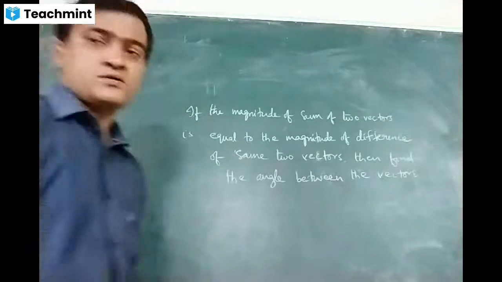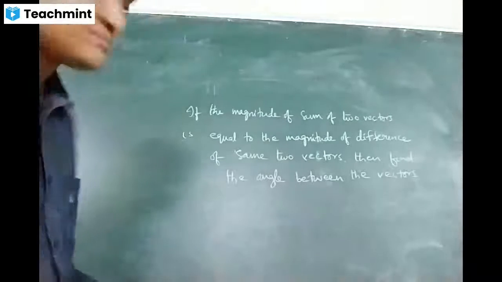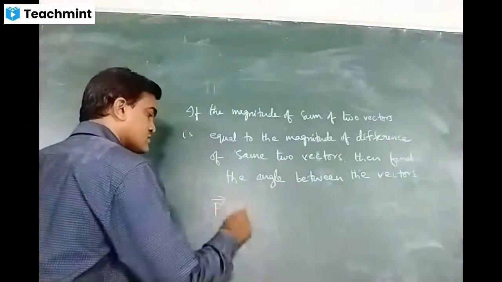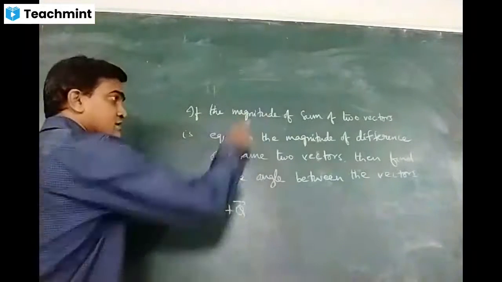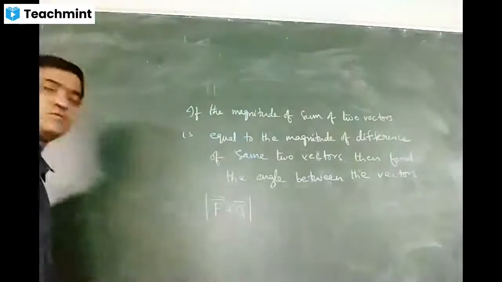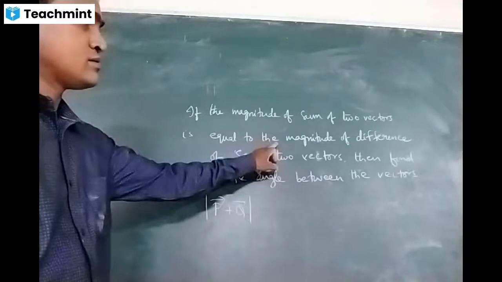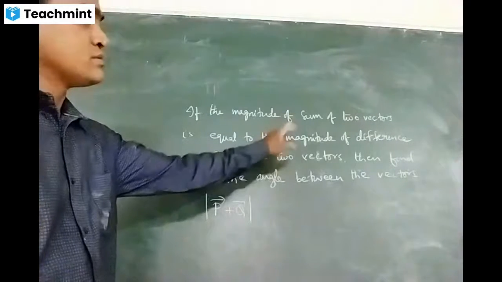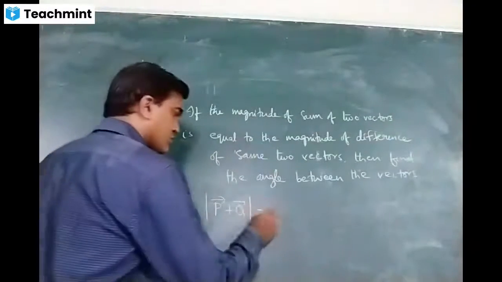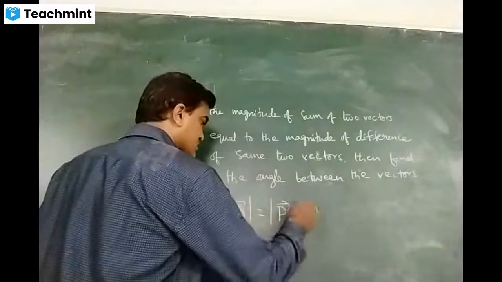The sum is P bar plus Q bar, and the magnitude is the modulus. It is equal to the magnitude of the difference of the same two vectors, that is modulus of P bar minus Q bar.